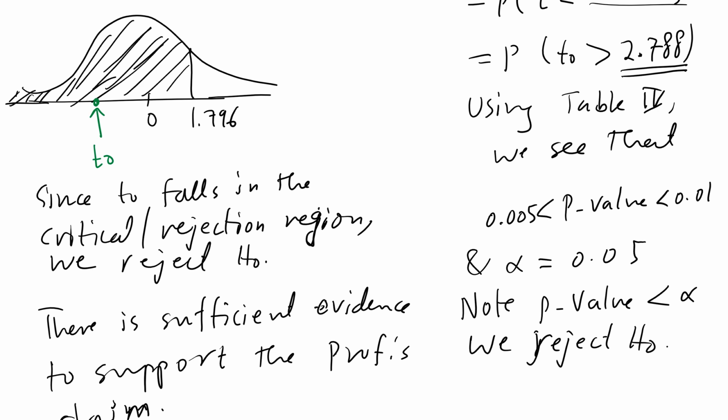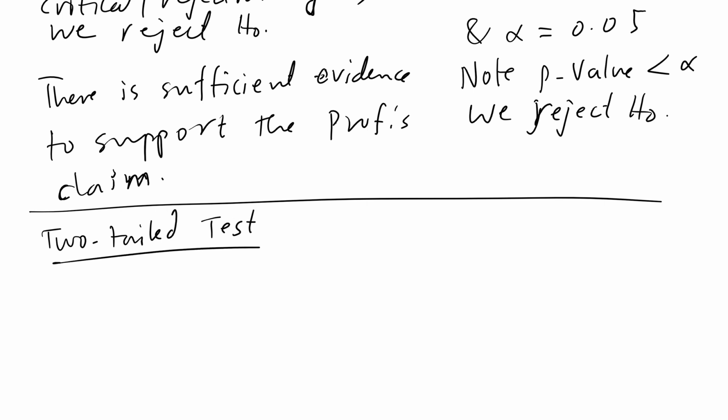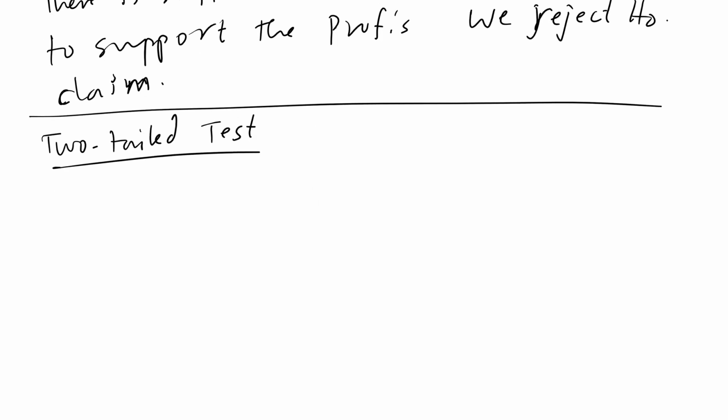The other thing is, I can show an example. If we have a two-tailed test, which will follow the same strategy as this one. So let's say we have a two-tailed test, just to show you guys how to find the p-value. Let's say we have given data from any population.